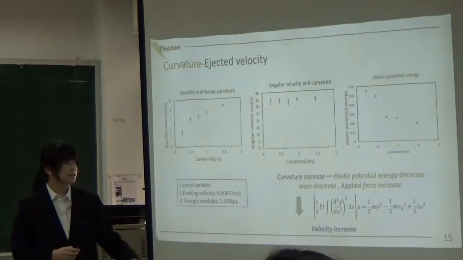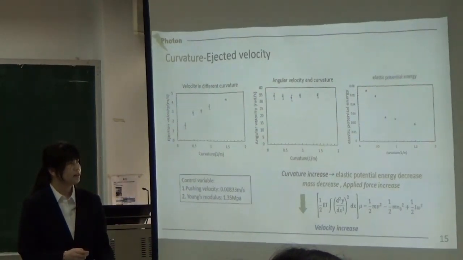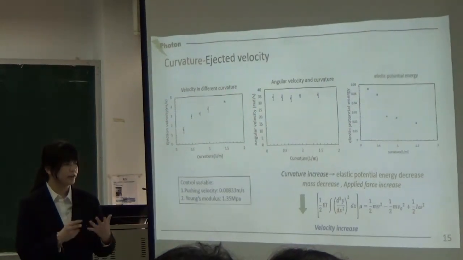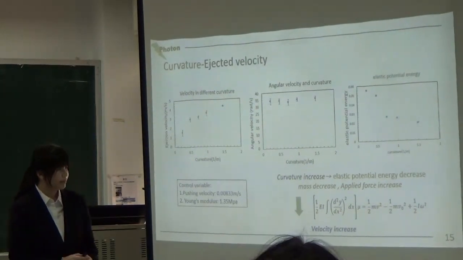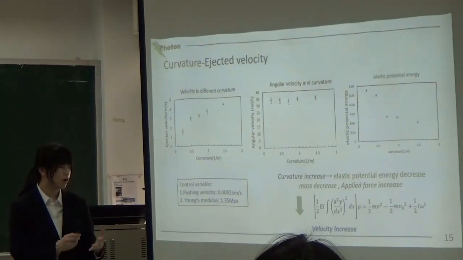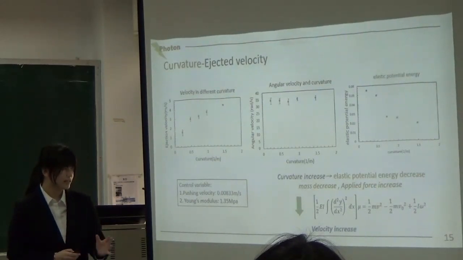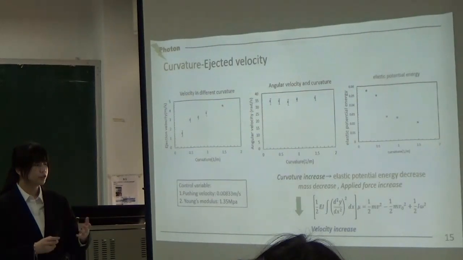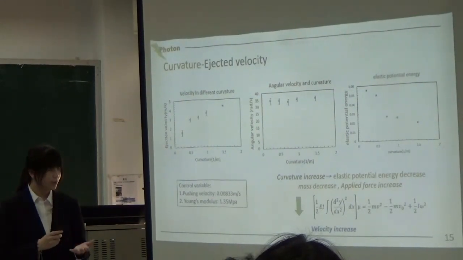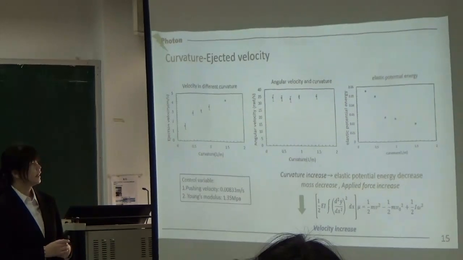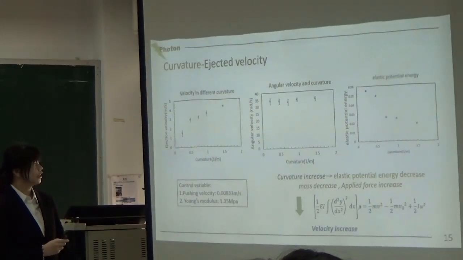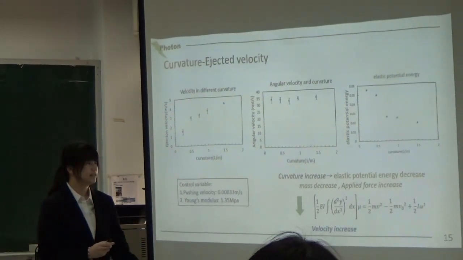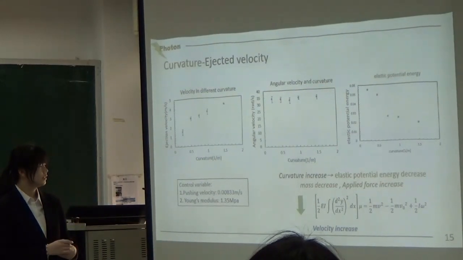First, when the curvature increases, the elastic potential energy will decrease, but because the mass also decreases, this stays the same. But because the applied force will increase, we get that the velocity will increase. And the angular velocity is set, so it is not very affected.